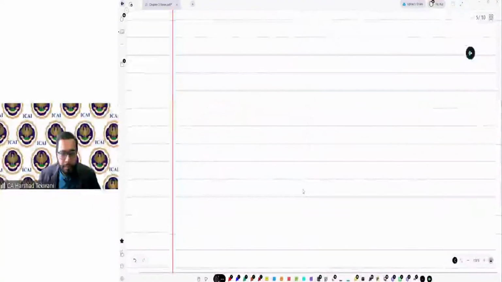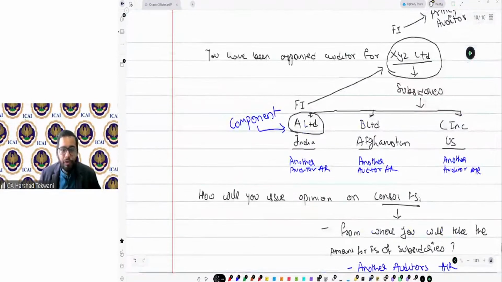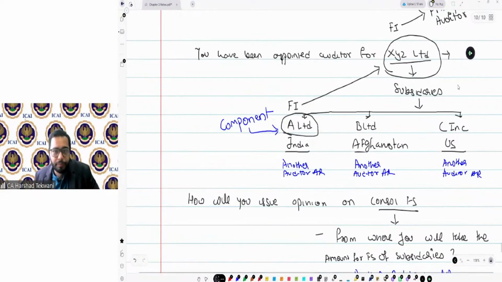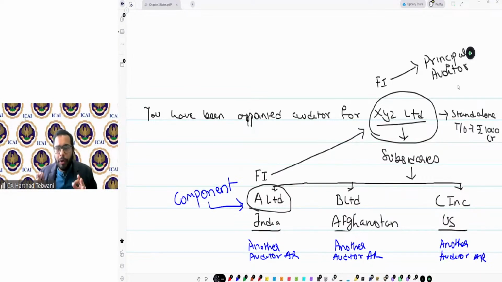So, for example, let's say I am talking about three entities: A Limited, B Limited, and C Limited. Let's say XYZ Limited's standalone turnover is rupees 1000 CR.